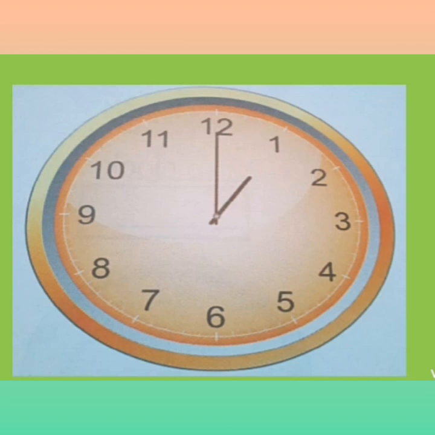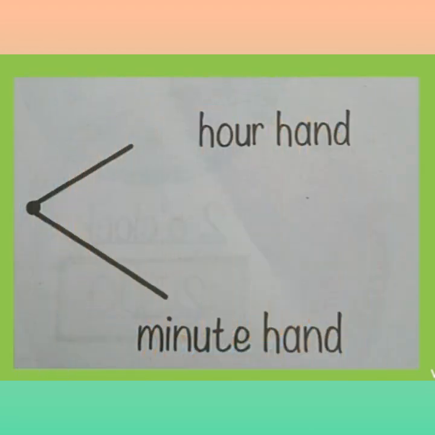Once the long hand is at 12 and the short is at 1, the time is 1 o'clock. Let us identify the short and the long hand. The short hand is called hour hand, while the long hand is called minute hand.